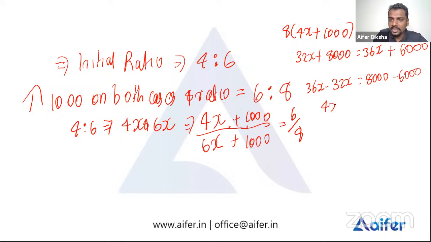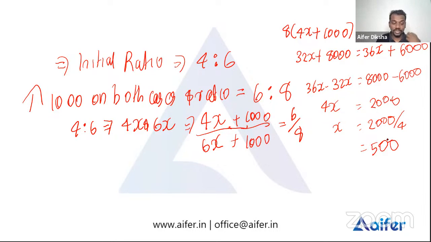So we have 4x is equal to 2,000. We have x is equal to 2,000 by 4, that is equal to 500. So we have the value of x as 500.